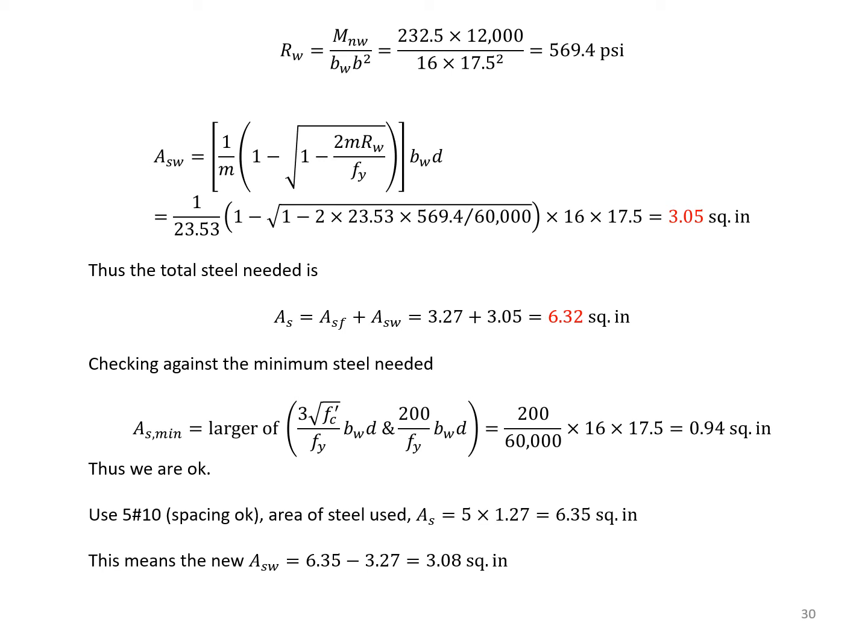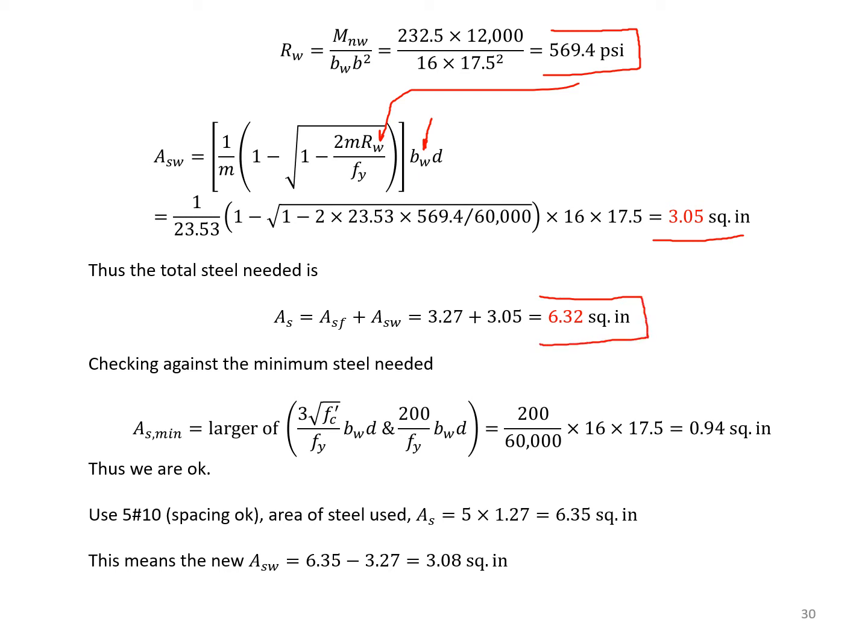Make sure that you're using inches and pounds so that you get 569.4 psi. Again, this has nothing to do with stress. It's just that the unit for that is psi. So I plug that into the equation, knowing that bw is used in the equation. I end up with 3.05 square inches of steel area. I don't compare it with the minimum yet. I add it to ASF and I get a total area needed of 6.32.